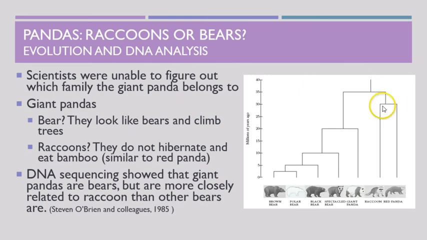And then the raccoons actually split about 5 million years after this common ancestor. Then the panda shows up around 20 million years ago, but it's off of this branch, not this branch, okay? And then that splits, and you start seeing some of the other bears later on. And then, just as a fun fact, brown bears and polar bears are actually the youngest of the bears. So that's just an example of what you can do with this DNA sequencing.